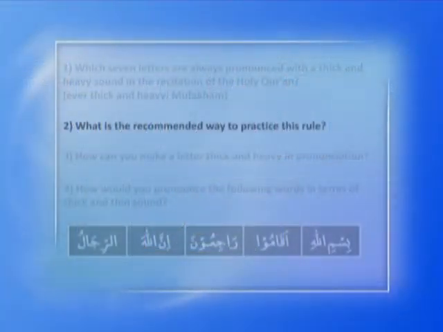What is the recommended way to practice this rule? How would you recommend others to practice? There are around 78,000 words in the Holy Quran, 30 parts, and many times these letters have come in the Holy Quran. So what is the good way to practice this rule? Yes. You should put a blank alif in front of the letter that you're practicing.